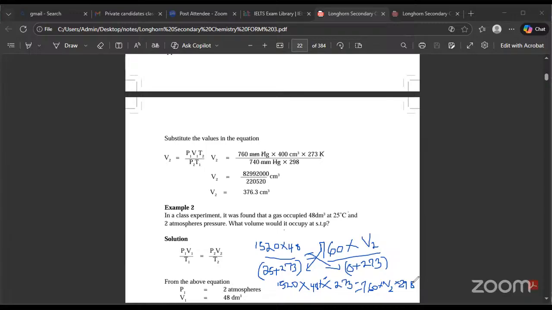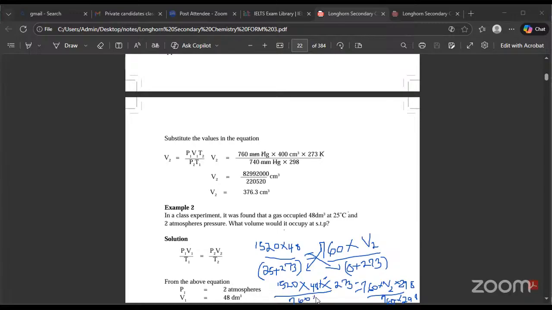Once we have done that, you look now for the simplest one. Where there is an unknown, you divide the rest now. So over 760 multiplied by 298, over 760 then you multiply by 298.